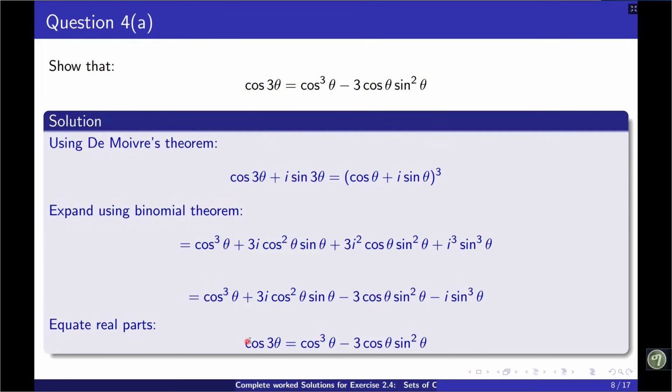So let us equate cos 3 theta to cos cubed theta minus 3 times cos theta sine squared theta. Therefore, we are able to show that cos 3 theta is equal to cos cubed theta minus 3 times cos theta sine squared theta, which is obtained from the binomial expansion of cos theta plus I sine theta to the power of 3.